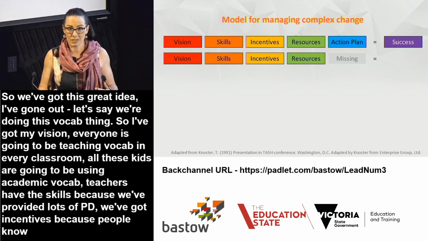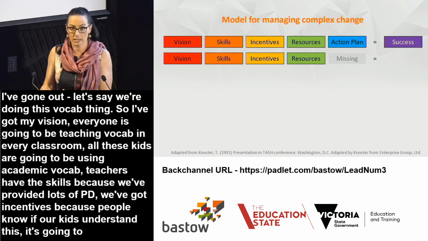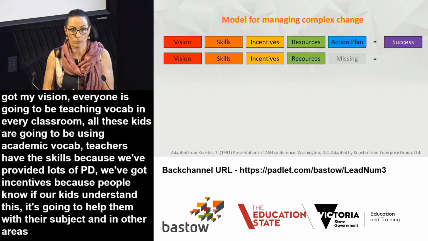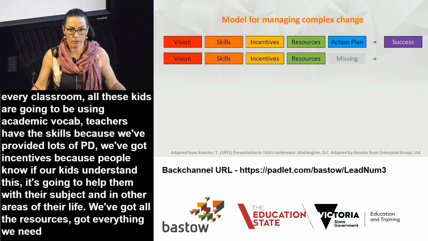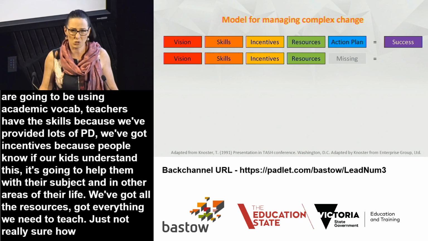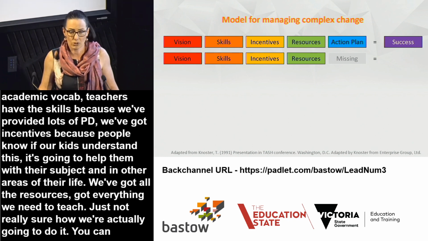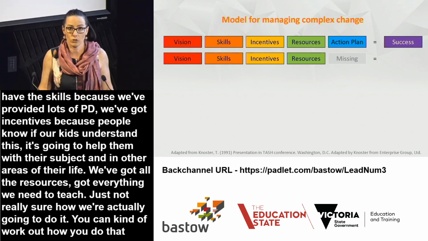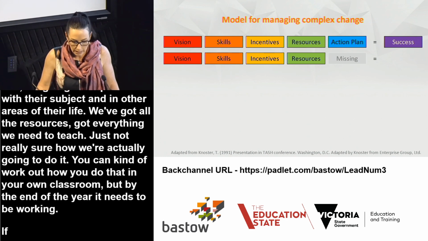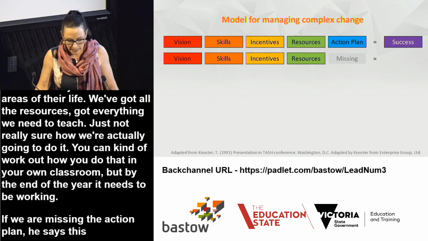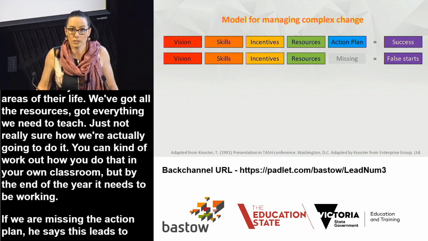We've got incentives because people know that if their kids understand this, it's going to help them with their subject and in other areas of their life. Got all the resources, got everything we need to teach. Just not really sure how we're actually going to do it. So you can kind of work out how you do that in your own classroom, but by the end of the year, it needs to be working. If we are missing the action plan, he says this leads to false starts.